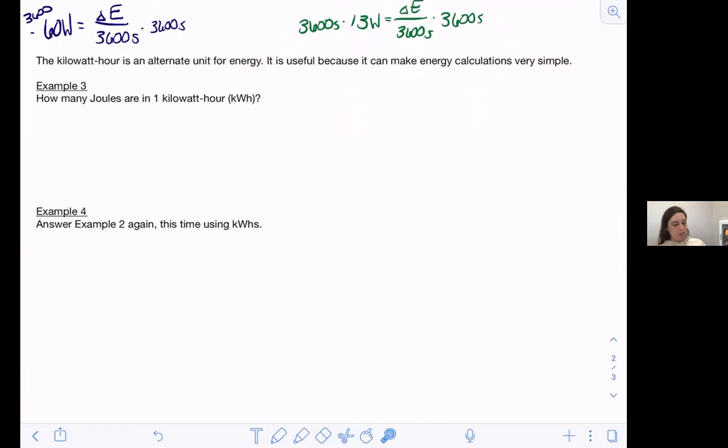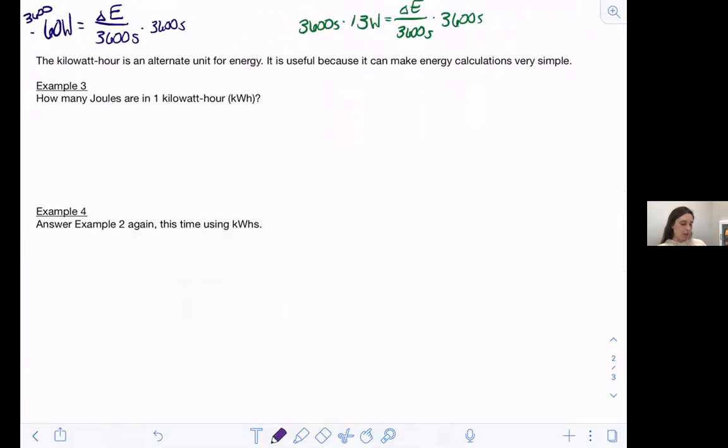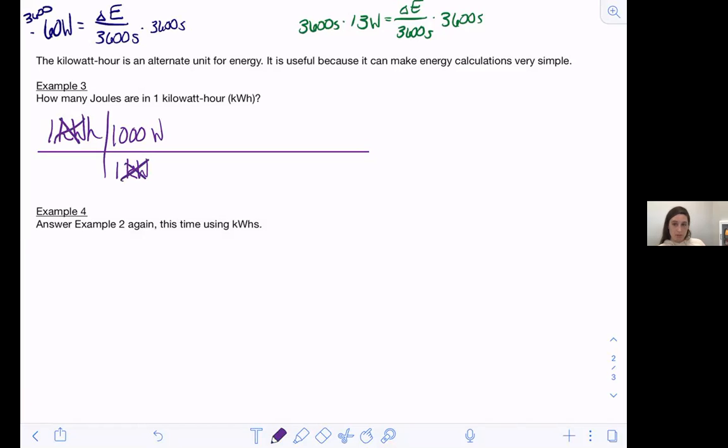But first, I would like to see how many joules there are in 1 kWh. So this is going to be a little bit of train tracks, a little bit of dimensional analysis. I'm going to start with 1 kWh. And I know that 1 kilowatt is the same thing as 1,000 watts. So I have gotten rid of the kW part of this unit.